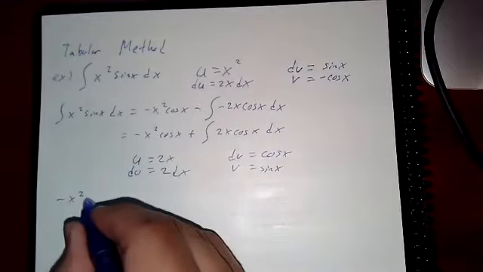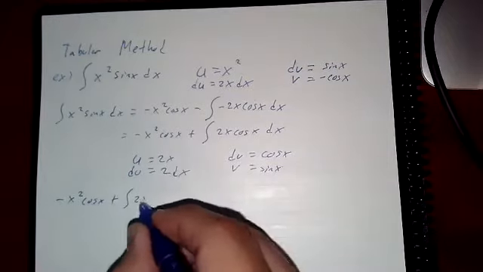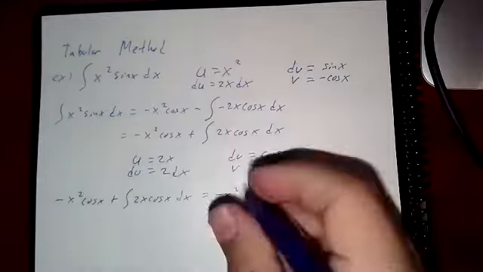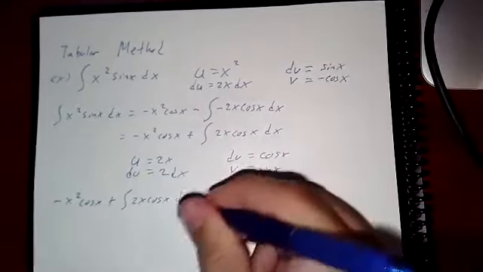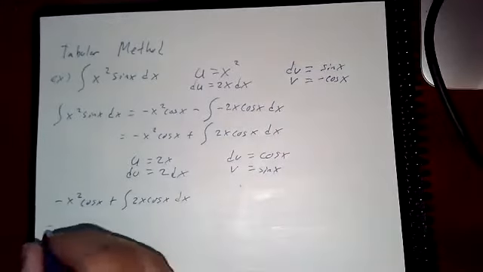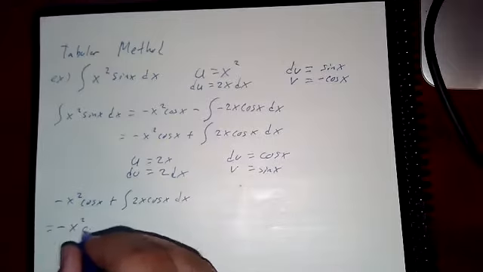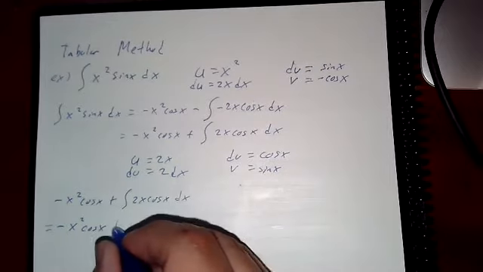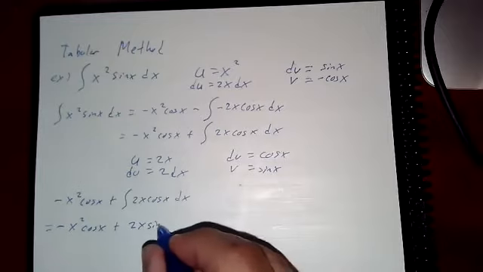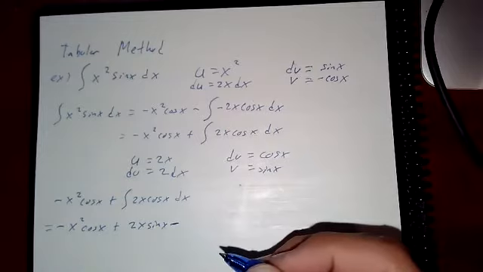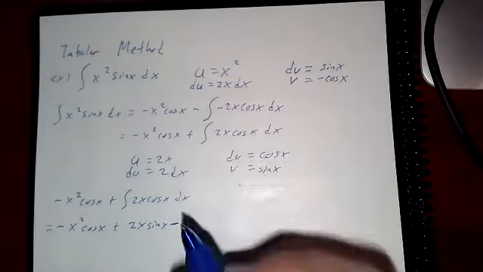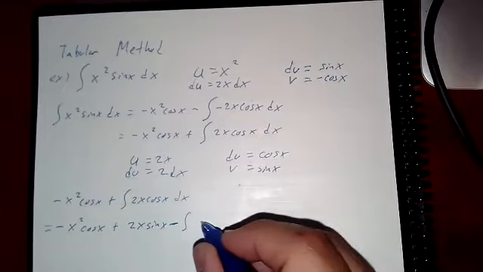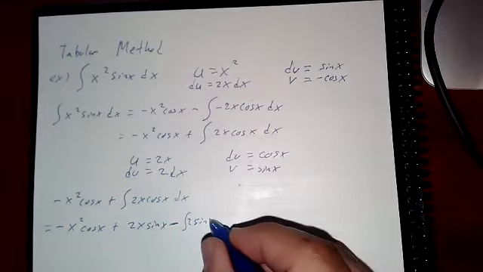I'm going to rewrite this piece just so I don't confuse myself. This will equal, plus 2x sine x, minus the integral of v du, which will be the integral of 2 sine x dx.